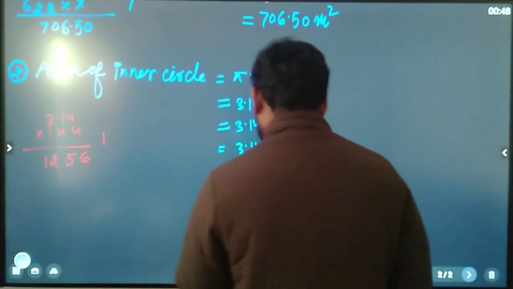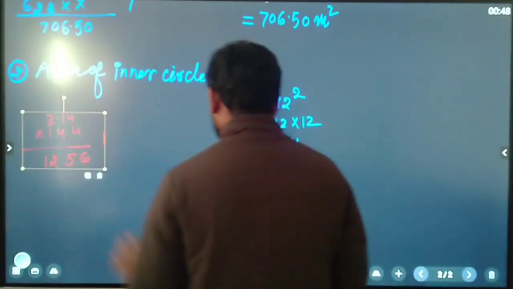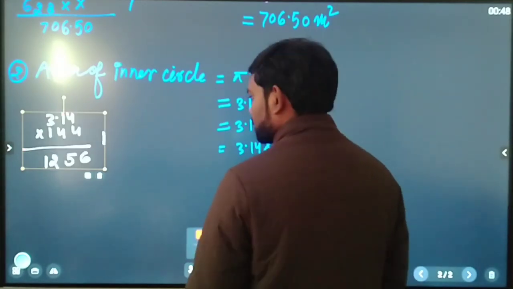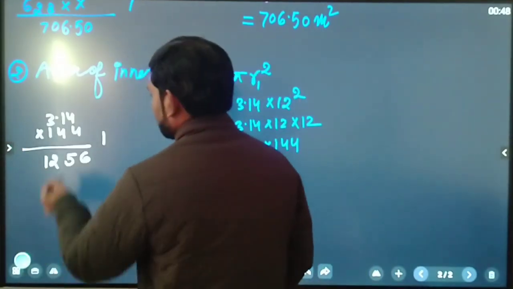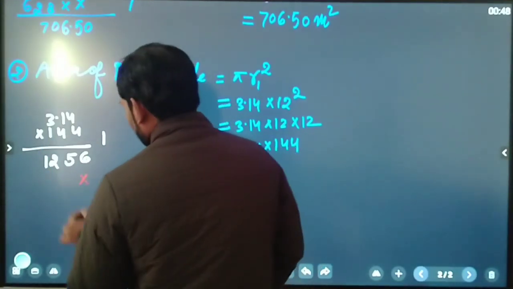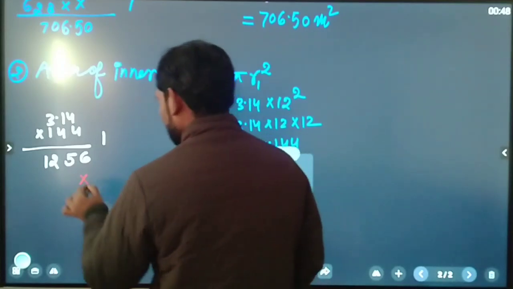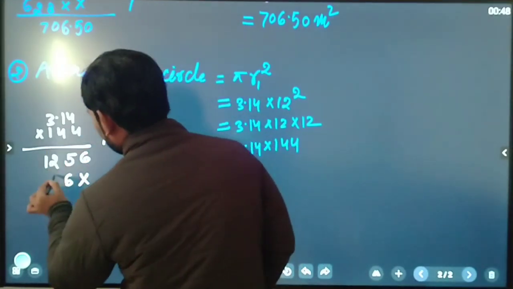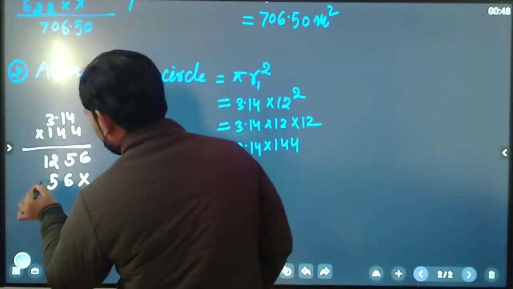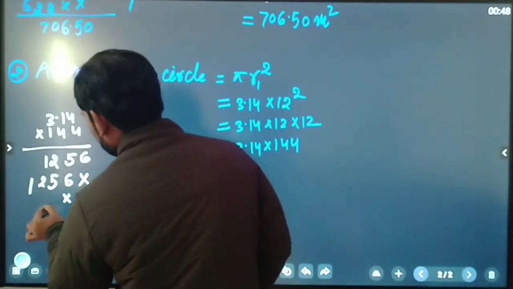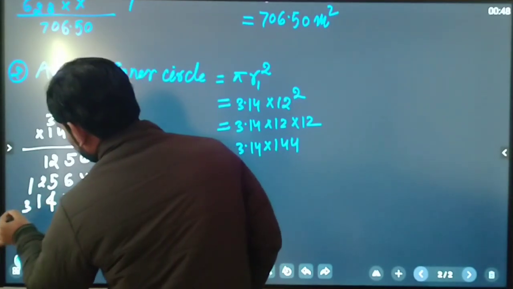I think the result is not visible, so let's change the color. Again multiply 4 times 4 is 16, carry 1, 4 times 1 is 4 plus 1 is 5, and 4 times 3 is 12. And now multiply by 1, 4, 1 and 3.